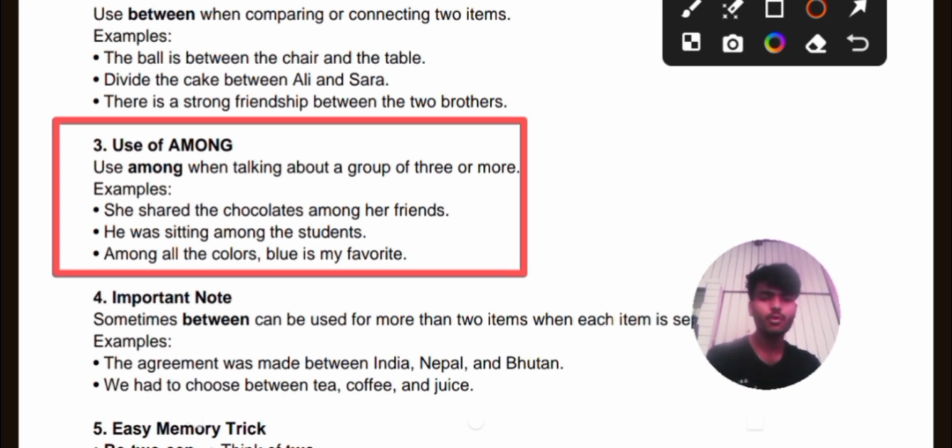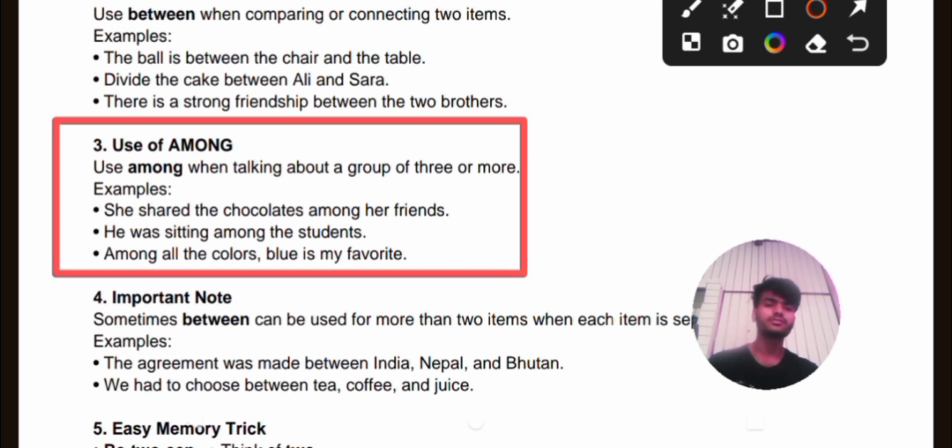And let's come to the last example of among: among all the colors, blue is my favorite. It's talking about comparison. In the third example, among all the colors, we are talking about all the colors.